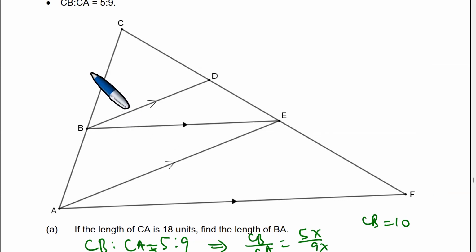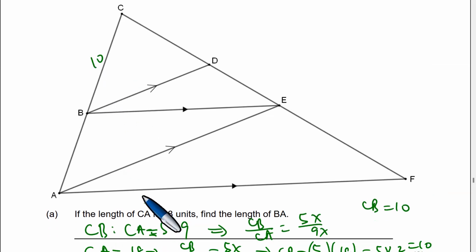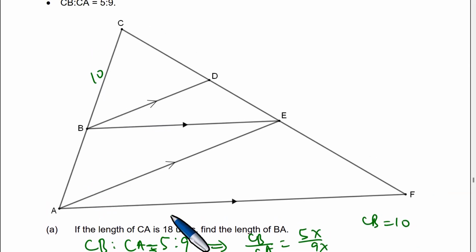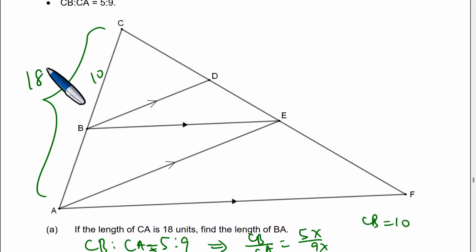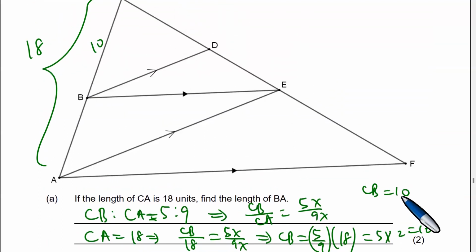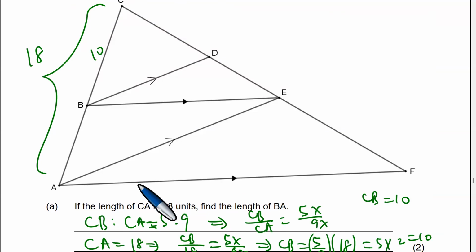Okay, if CB is 10, in other words, we have that CB is 10, then the whole of CA is 18. So now we're interested in AB. It is clear at this point that CB plus BA is 18.